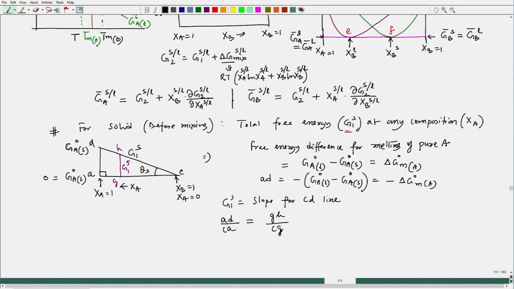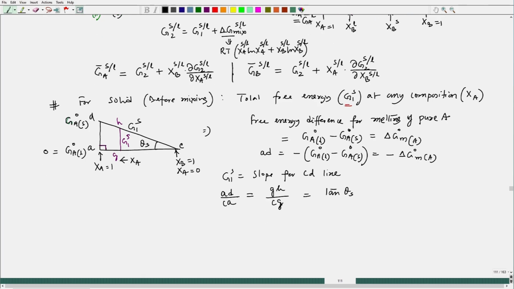Both are the slope, considering tan theta S, which is nothing but tan theta S. So then AD is nothing but minus delta G naught M A, divided by CA, which is XA equal to 1, should be equal to G1S divided by CG, which is XA.